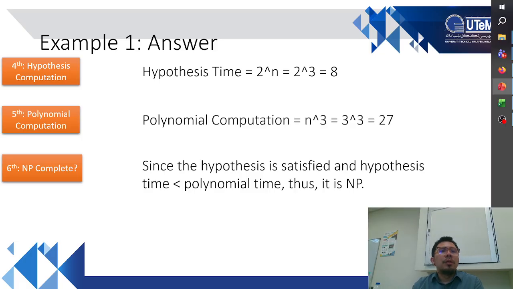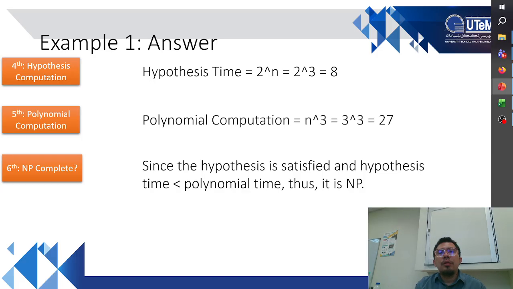Fourth, we need to compute the hypothesis computation. The formula to calculate the hypothesis time is 2 power of n, where n is the input. How many inputs do we have here? 3, right? A, B, and C. So the hypothesis time is 2 power of 3, equal to 8. And then the polynomial time.